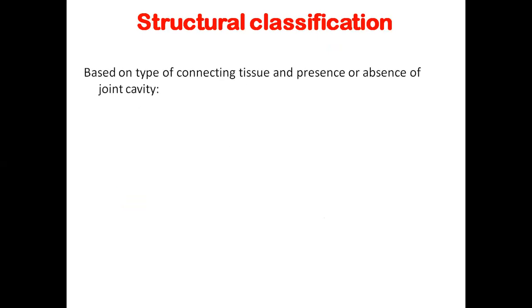Now, in this slide, we will discuss the structural classification of the joints. This classification is based on the type of connective tissue and presence or absence of the joint cavity. So the joint may be a solid joint, or it may be a cavitated joint having the joint cavity.